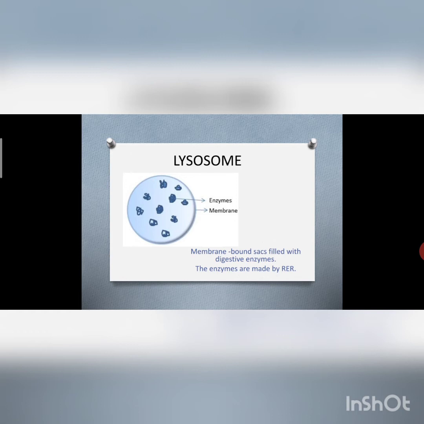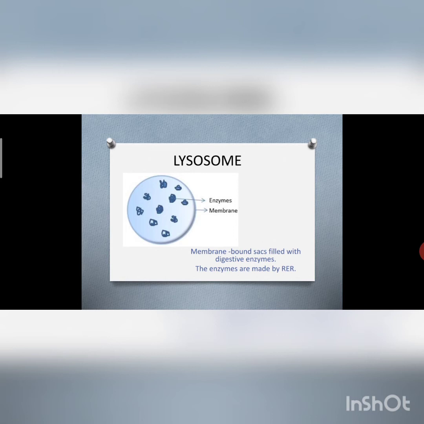These digestive enzymes will be filled in sacs that are called lysosomes. So the lysosome is filled with digestive enzymes that are made by the rough endoplasmic reticulum.